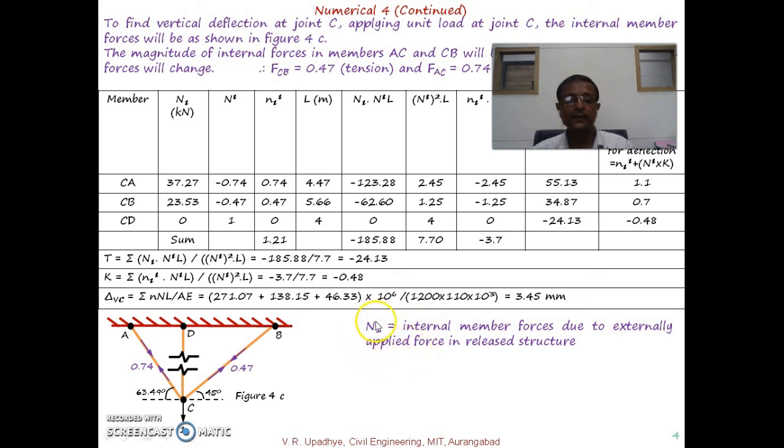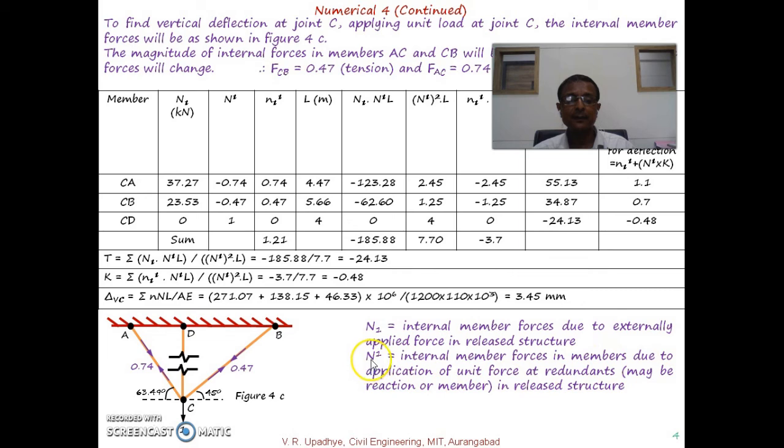In case of an externally indeterminate structure, some of the reaction components are required to be removed, and in case of internal indeterminacy, you need to remove members so as to convert the given structure into a basic determinate structure, or released structure. This column, capital N1, is for internal member forces due to externally applied force in the released structure.